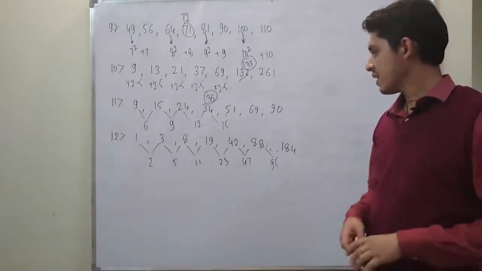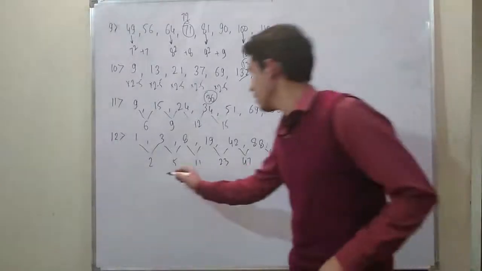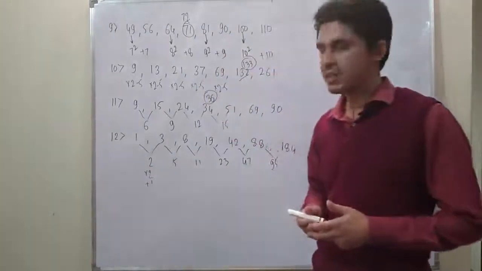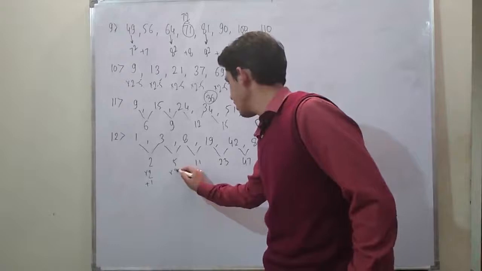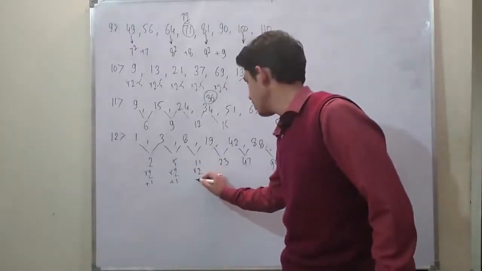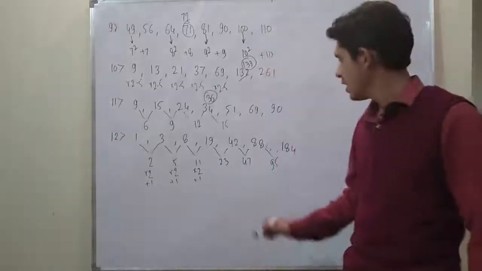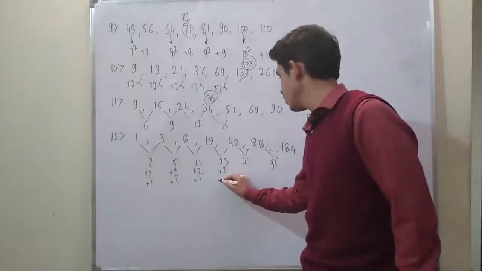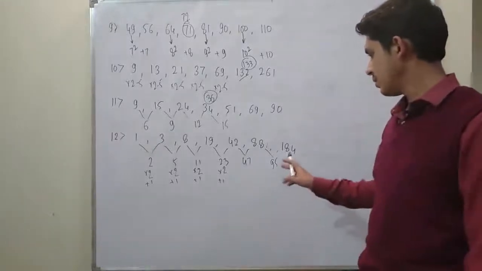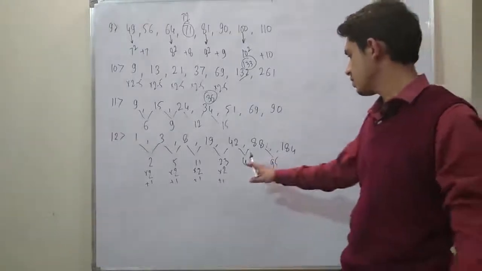So the pattern can be multiplied by 2 plus 1. 2 multiplied by 2 plus 1, that is 5, and 5 multiplied by 2 plus 1, that is 11, and 11 multiplied by 2 plus 1, that is 23, and 23 multiplied by 2 plus 1, if we do, then we will have the answer 46 plus 1, 47.